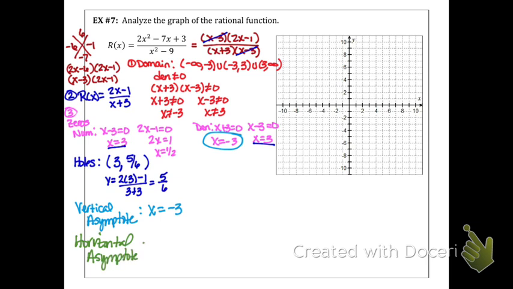For the horizontal asymptote, we look for that highest degree. Is it top, bottom, or both? I'm just going to look at the original. I can see the degree is 2 on top, 2 on bottom. So I know it's going to be a ratio of the coefficients, which is 2 over 1. And 2 over 1 is 2.